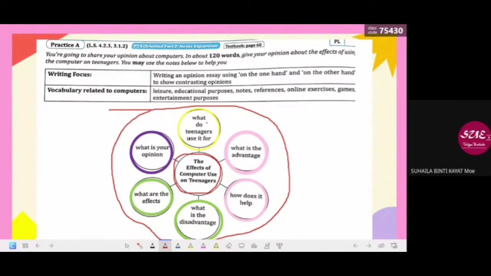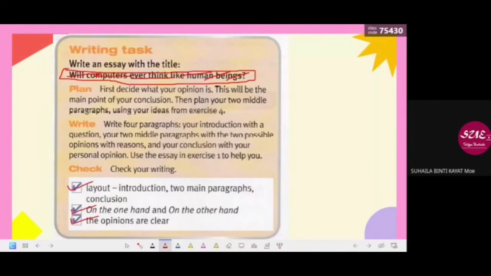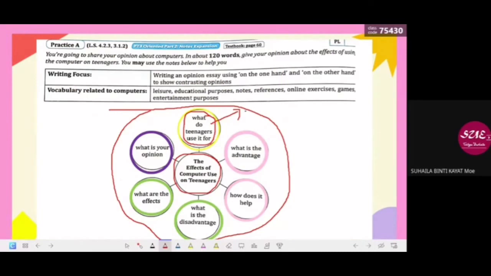Alright, okay, you start with this. What do teenagers use it for? Okay, ini ialah guideline. You have to come up with your own question, macam dia cakap kat sini tadi kan. Okay, your introduction with a question. So this one is your introduction.